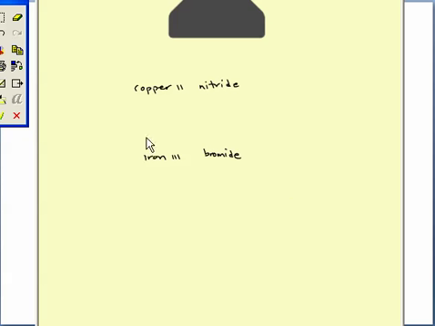Okay, so let's look at what we know. Copper 2, that's copper, and its charge is indicated by this Roman numeral, which is 2. And because it's a metal, it's positive. Nitride is capital N, and because of its position in the periodic table, 3 columns away from the noble gases, it's -3.